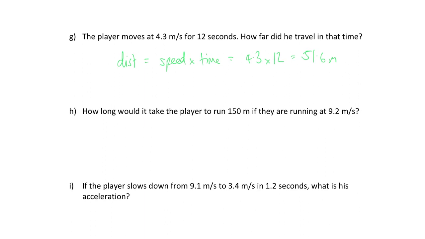So that is a time, which is equal to distance divided by speed. They're running 150 meters at 9.2 meters per second, so it would be 16 and a bit seconds.